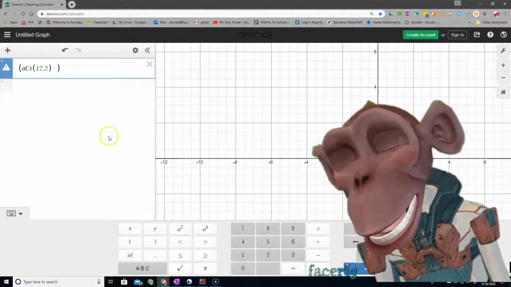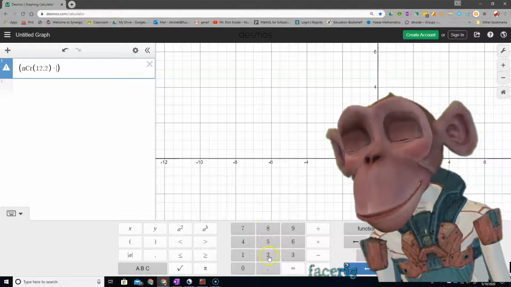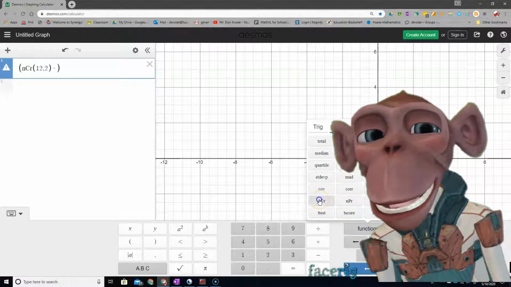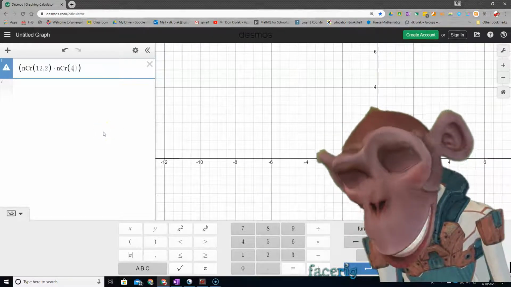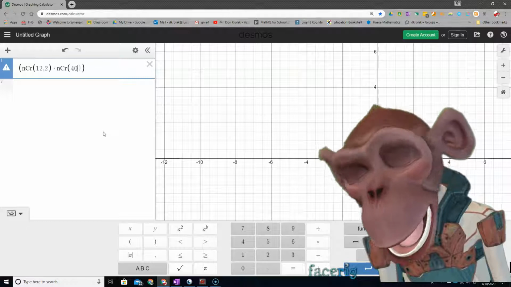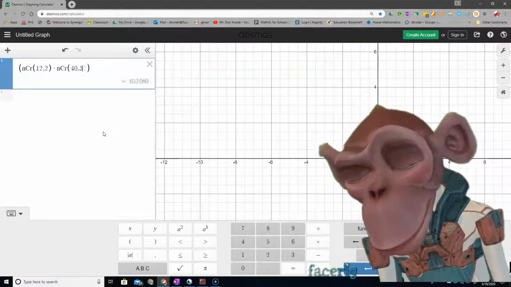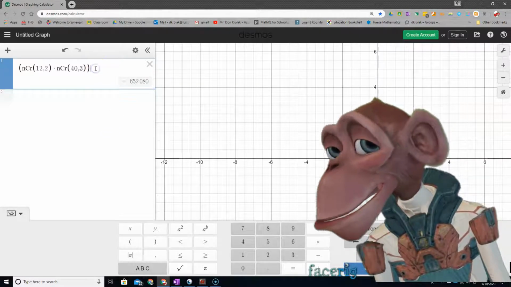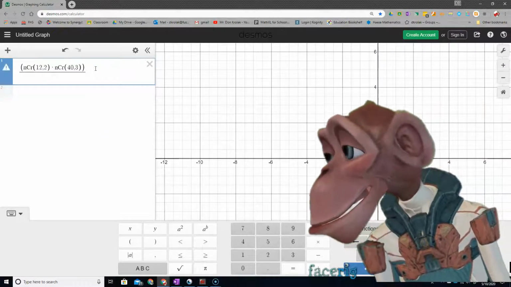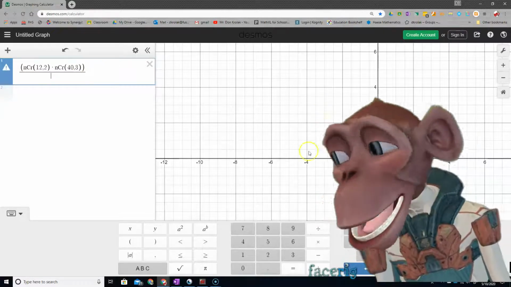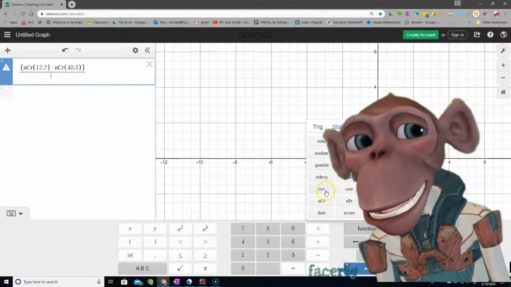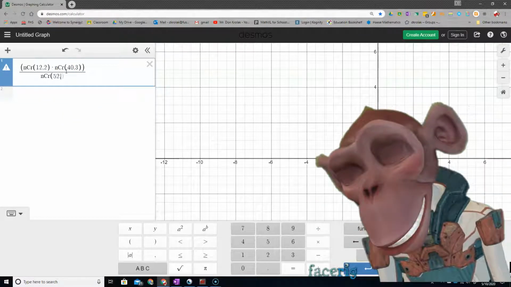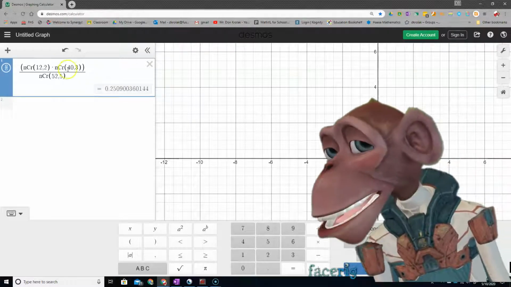Times the number of combinations of picking 3 non-face cards out of the remaining 40, so that's 40 choose 3. That's going to be my numerator, and then I'm going to divide that by the number of combinations of 52 choose 5.